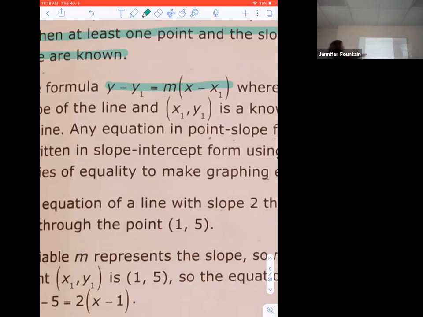Notice in this one, they didn't make these y1 and y2. The reason is because this first y and this first x are standard parts of my equation. They will not change. Y1 and x1 are going to be determined by a point, whatever that point is.